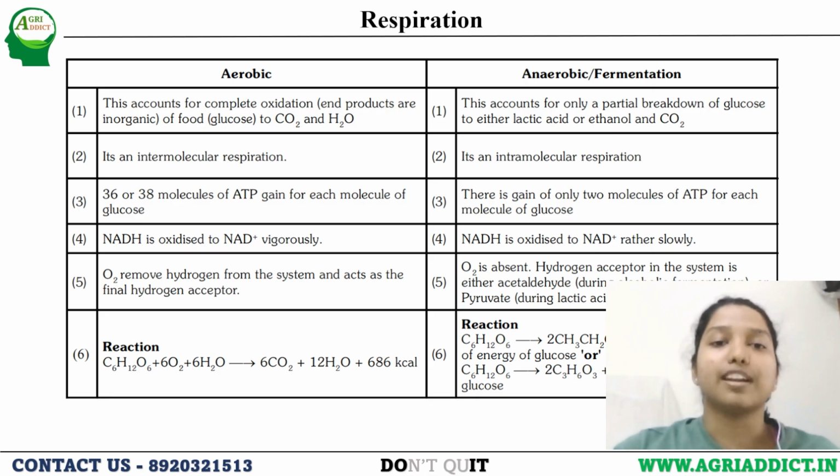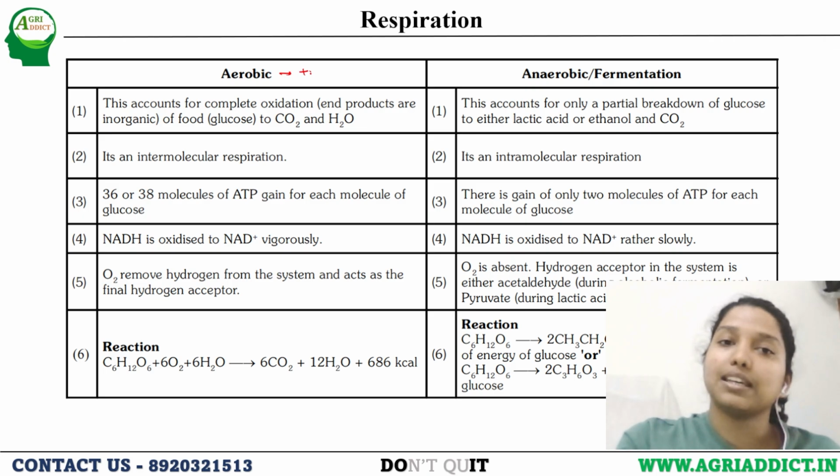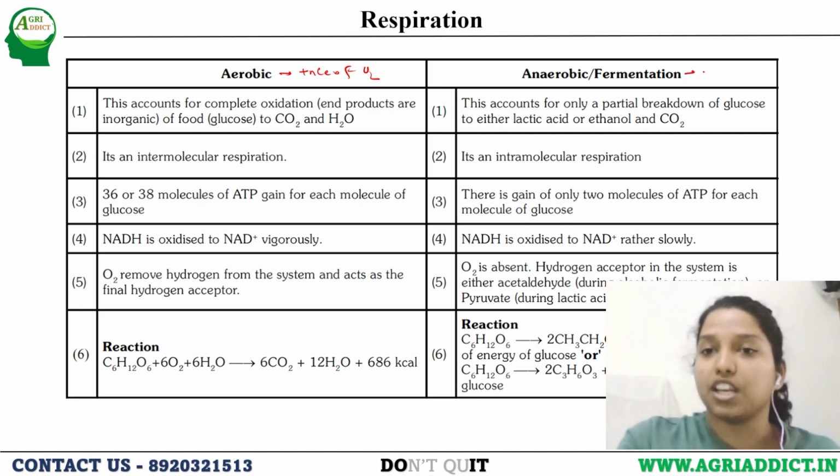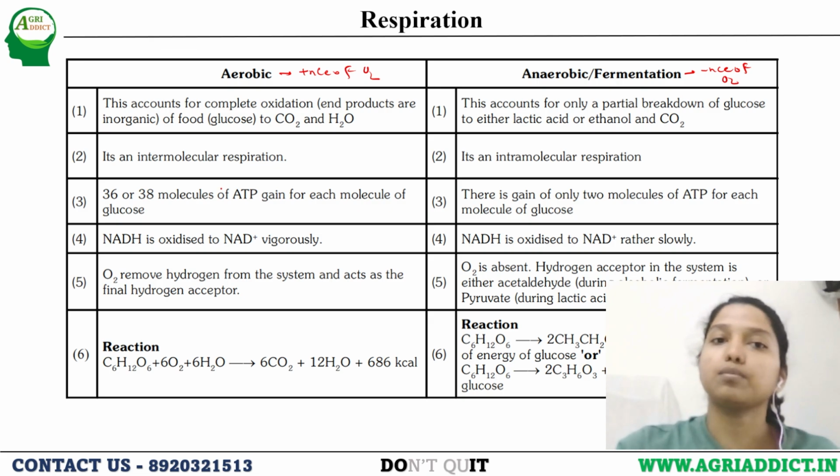Now comes the types of respiration based on the presence or absence of O2. Aerobic, as the name suggests, takes place in the presence of oxygen, whereas anaerobic respiration or fermentation takes place in the absence of oxygen. Aerobic respiration accounts for complete oxidation, meaning glucose will be completely broken down into carbon dioxide and H2O, that is water.